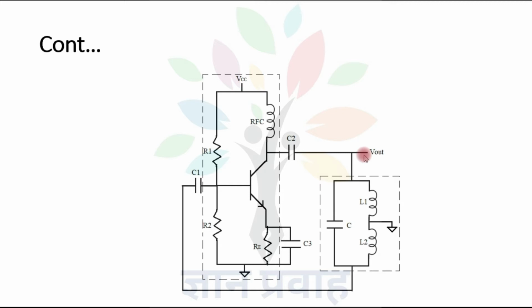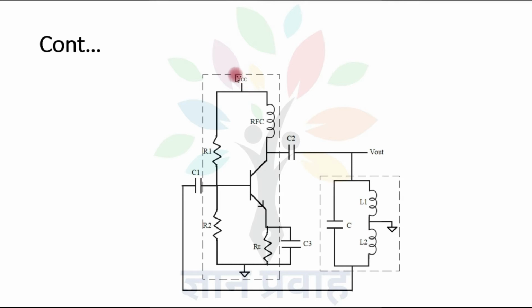That is the condition for oscillation. And a radio frequency choke is used in place of load resistance so that the AC component available at the collector terminal of this transistor must not reach the power supply.